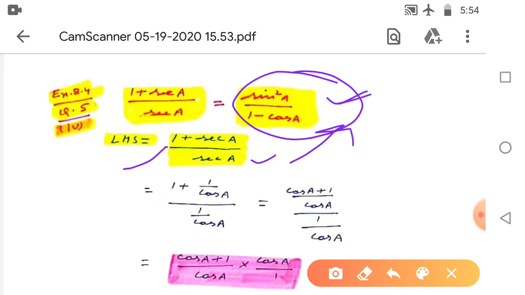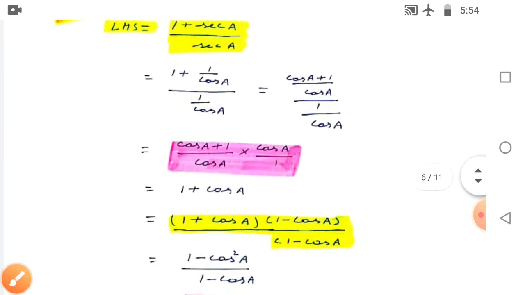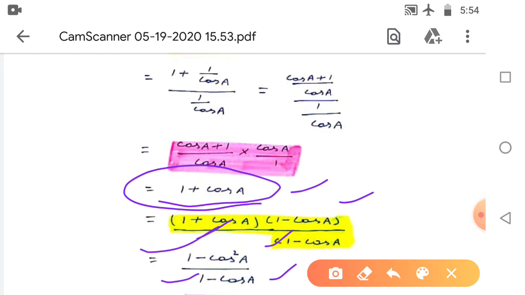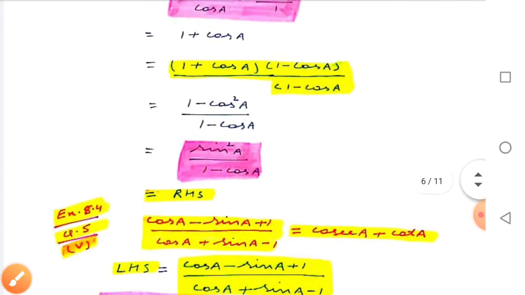So after solving this, my step was 1 plus cos A. Now in the RHS, the denominator is 1 minus cos A. So I'm getting the hint. Yes, if I multiply numerator and denominator with 1 minus cos A, in the denominator I'll get 1 minus cos A. And in the numerator, this is in the form of A plus B into A minus B, A square minus B square, which is 1 minus cos square A, and 1 minus cos square A is equal to sin square A, and that is my RHS.